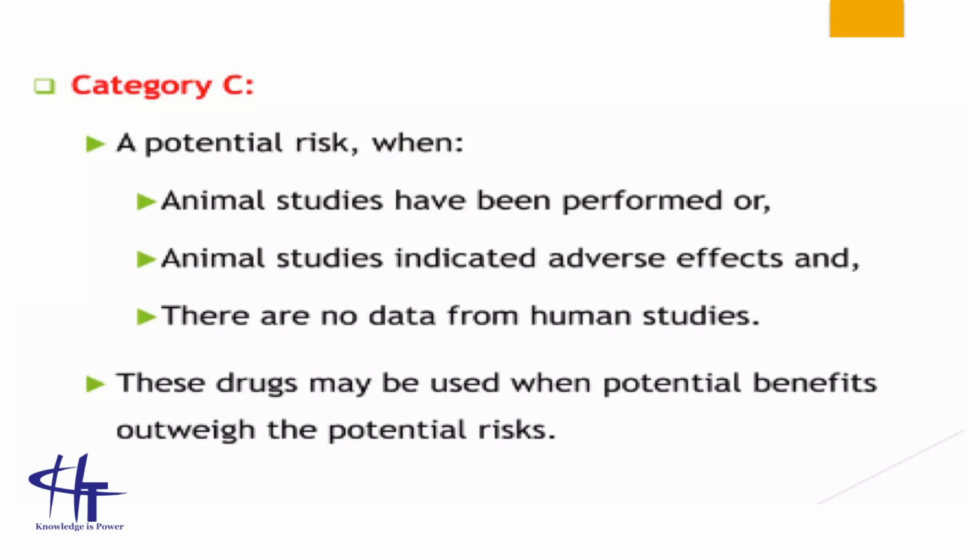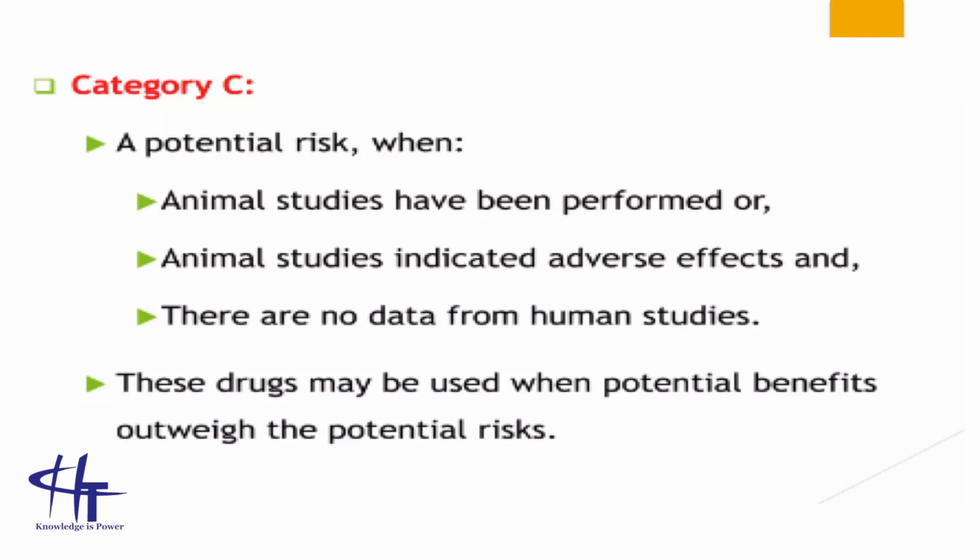However, there is no sufficient data to say that indeed it is dangerous among humans. And so these drugs can be used if their potential benefits outweigh their potential risks. And we shall see examples as we move. So these drugs are referred to as category C.